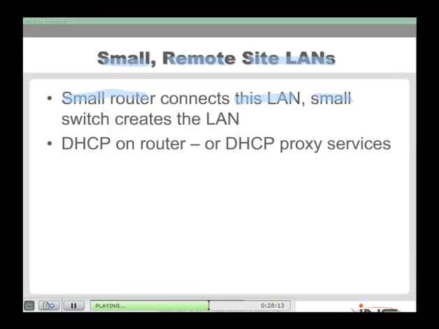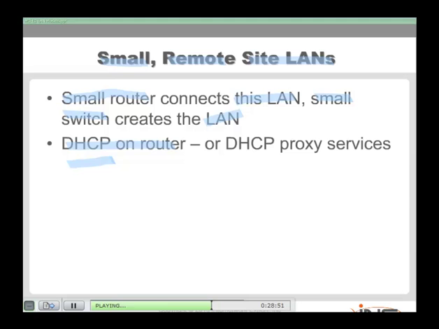So we've got the small router connecting to the WAN, which then connects to the LAN, and I've got a small switch which creates my local area network. This router, by the way, on my network provides DHCP services for my small site local area network that consists of, let's see, I have an 8-node network.